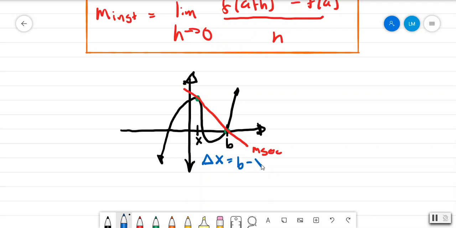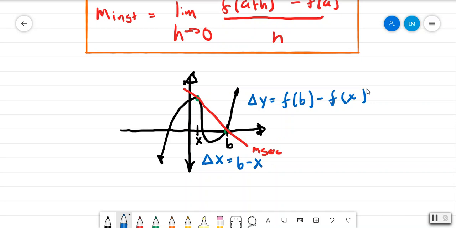So b minus x. But then the delta y is essentially just f of b minus f of x. So that's actually another form that we can use for finding the rate of change.